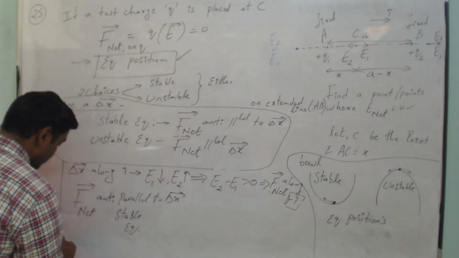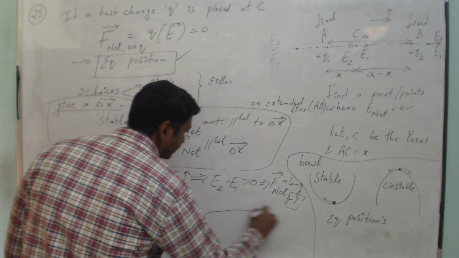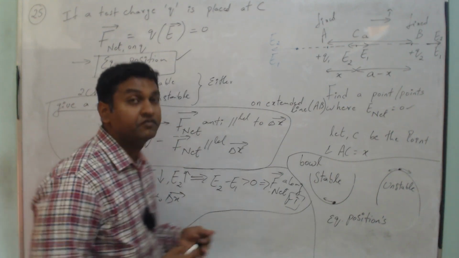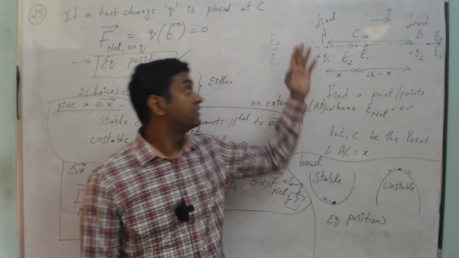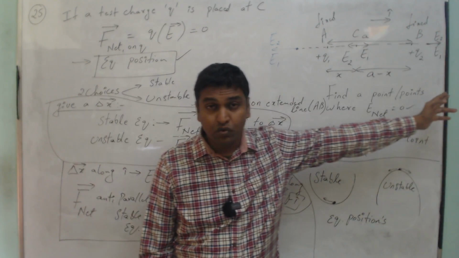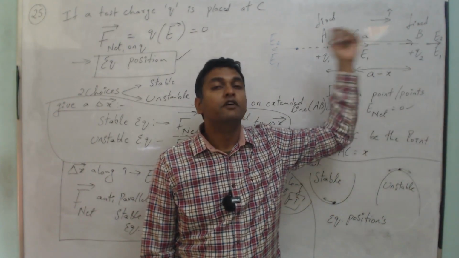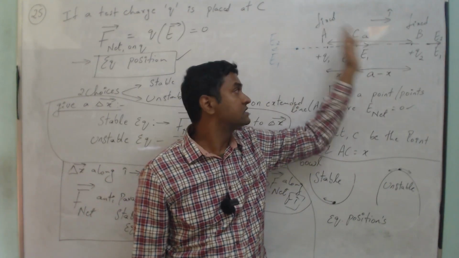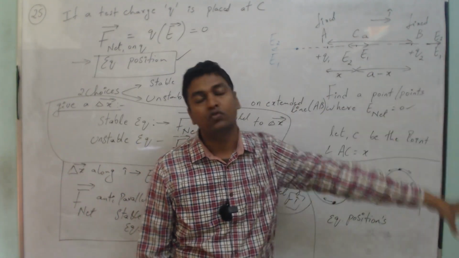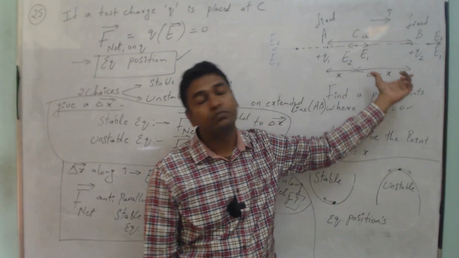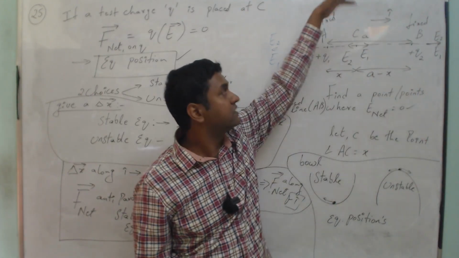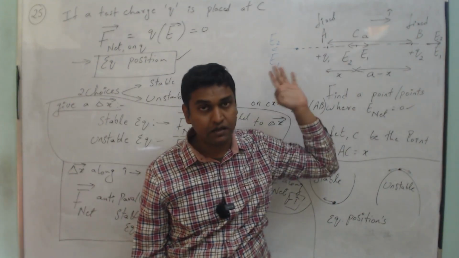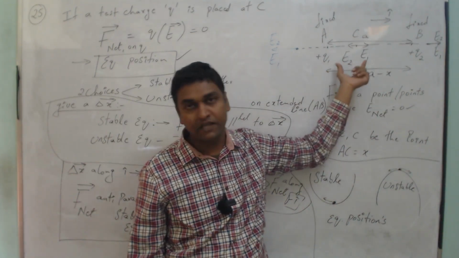So again I'll repeat from where we have started. Let there be two charges Q1 and Q2, positive charges. Find the point along the extended line AB such that the net electric field is 0. Because the charges are positive, we said the point has to be somewhere in between A and B, and let that distance be x.